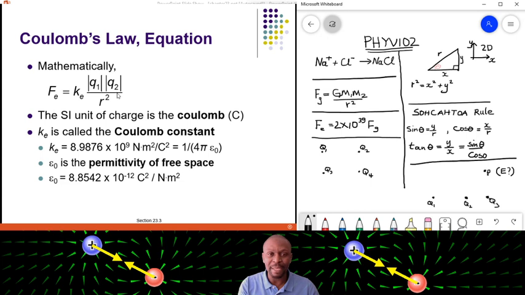The same thing applies with Coulomb's law or the electric force. That is, you need two charges in order to have the electric force. And of course, if these charges are the same, then it's repulsion. But if these charges are not the same, then the force is attraction. Right.